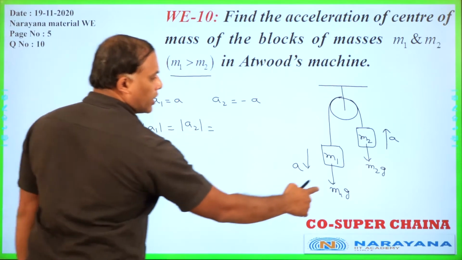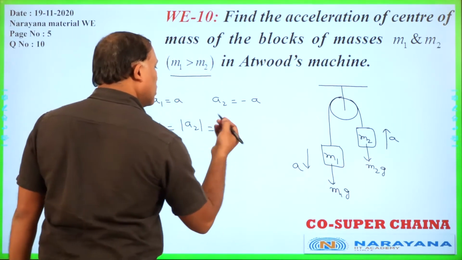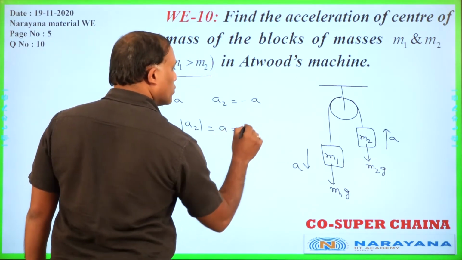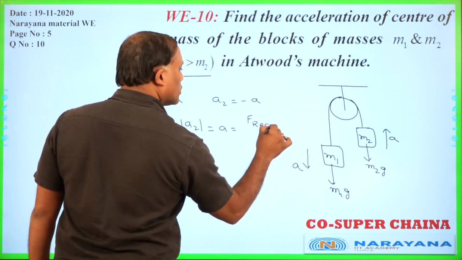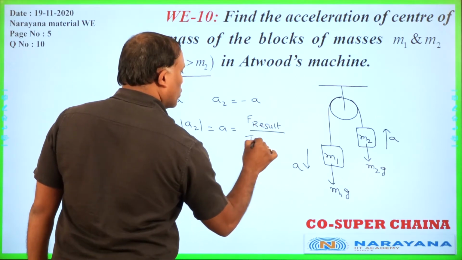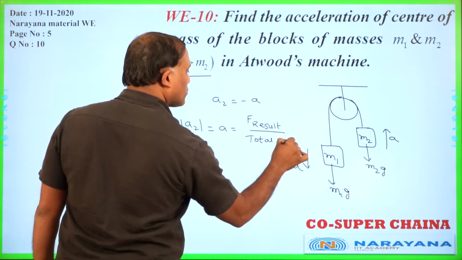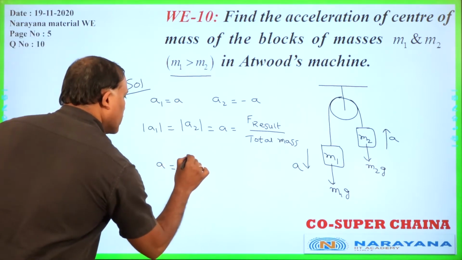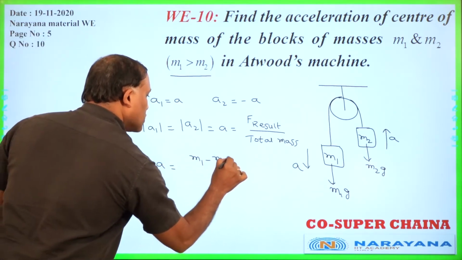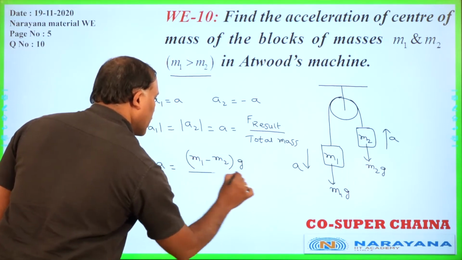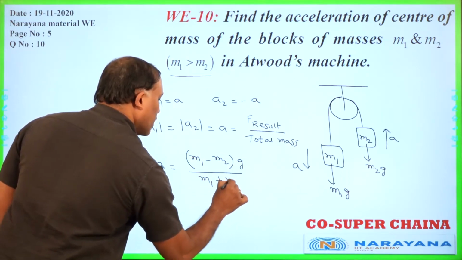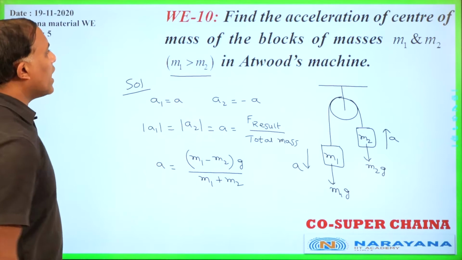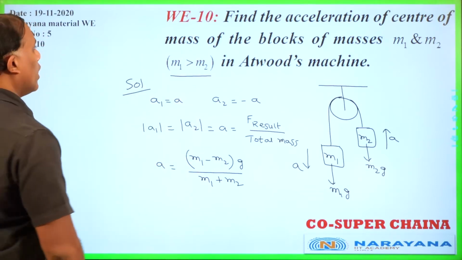As m1g is dominating and m2g is lesser, acceleration is equal to resultant force by total mass. What is that F resultant? m1g minus m2g by m1 plus m2. That is the a value.